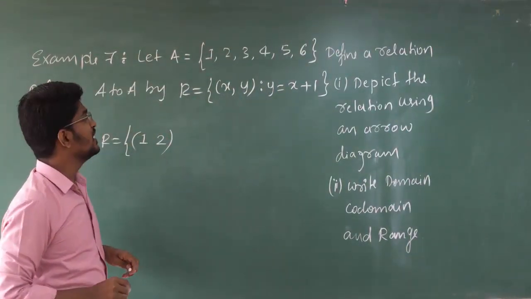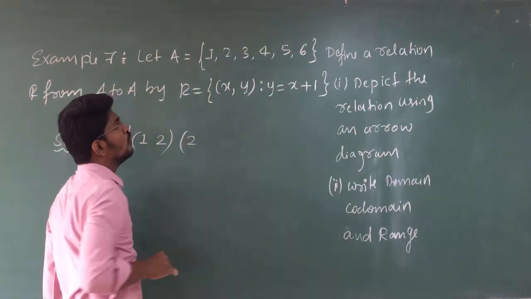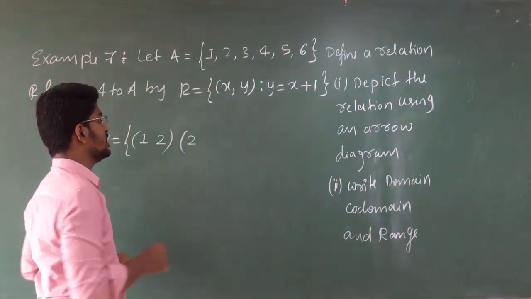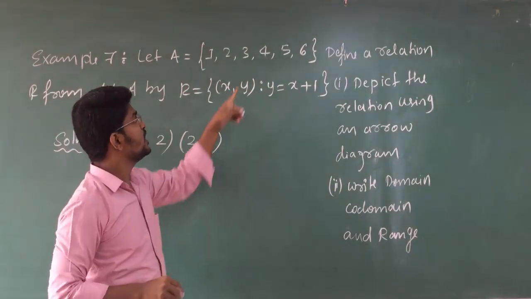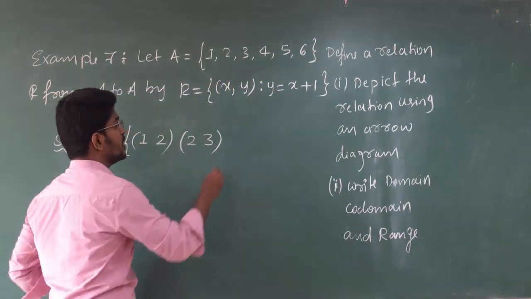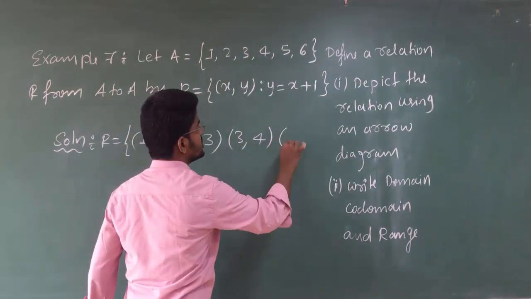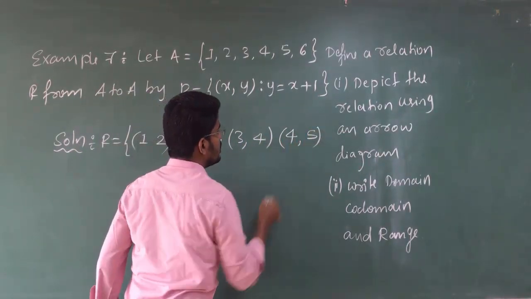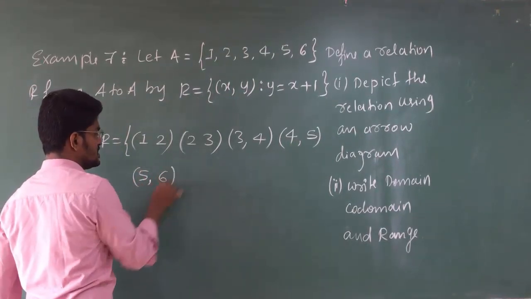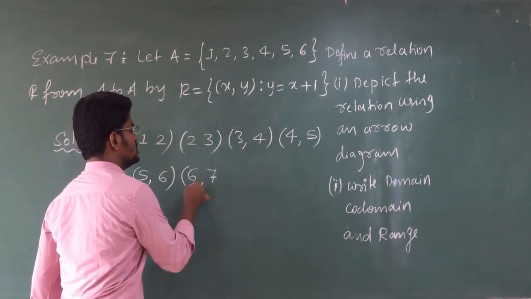Next, in the place of x, if I write 2, you get 2 plus 1, that is 3. If I write 3, you get 3 comma 4. If I write 4, y will be 5. If I write 5, y will be 6. If I write 6, y will be 7.